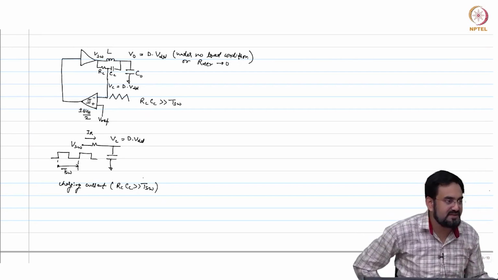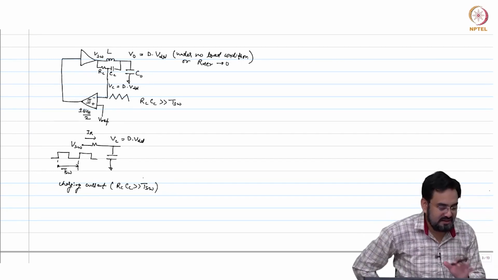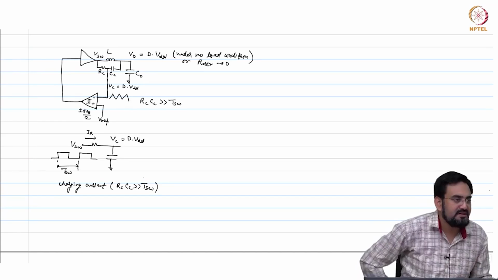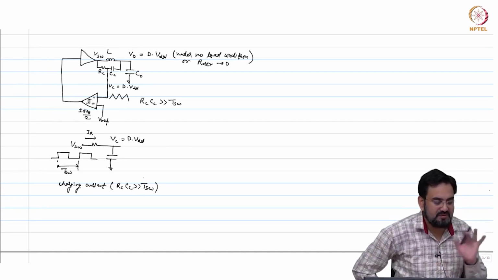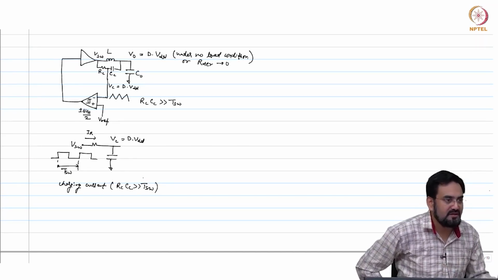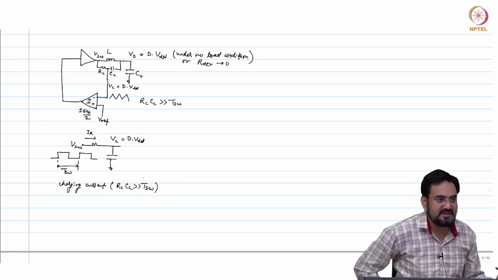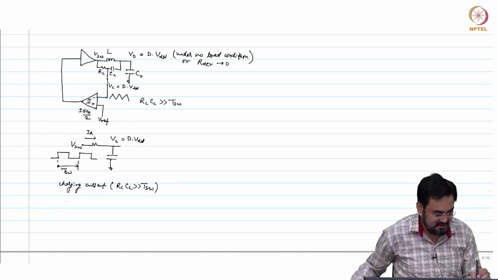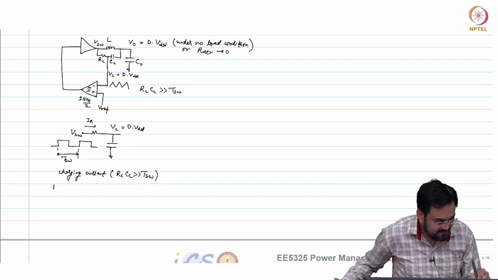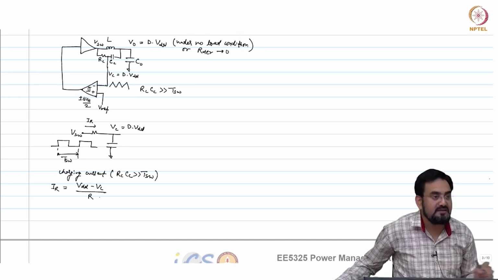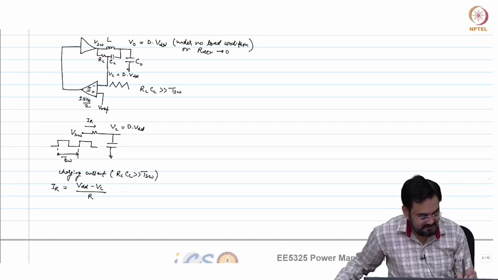So, you can always assume that the current in the resistor will only be affected by VSW, not due to the change in Vc, because that is a small signal change. So, it is nothing but IR equal to VDD minus Vc over R during on time.